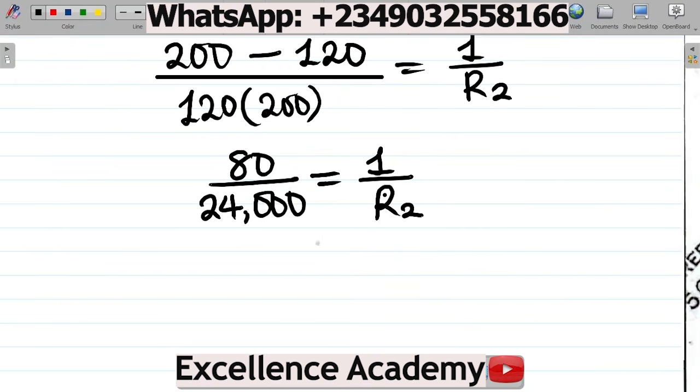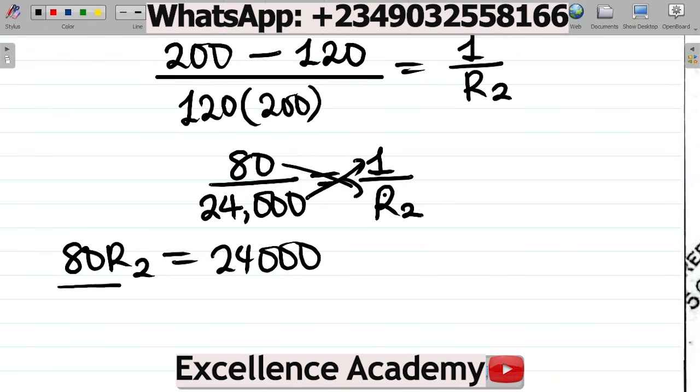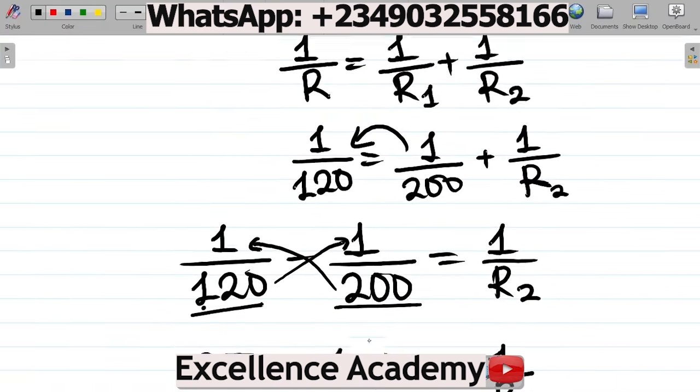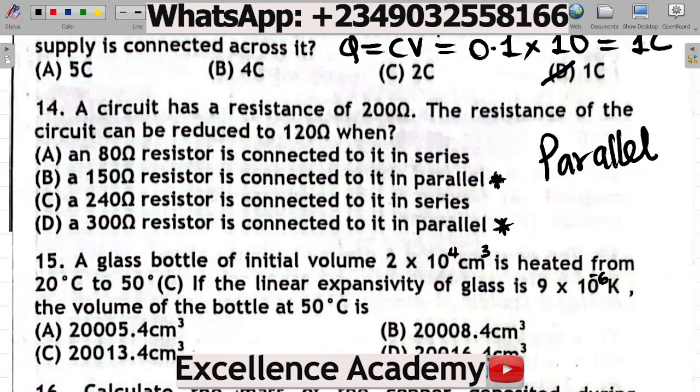So at this point, we can cross multiply. 80 times R2 gives you 80 R2 is equal to 24,000 times 1, which gives you 24,000. Divide here by 80, divide here by 80, this cancels this. So R2 is equal to 24,000 divided by 80. That gives you about 300. All right. So what you should connect in parallel is a 300 ohm resistor. That means the correct answer there is D, a 300 ohm resistor.